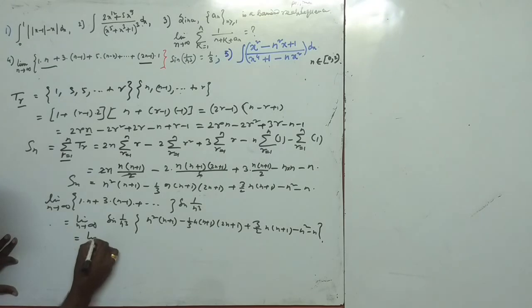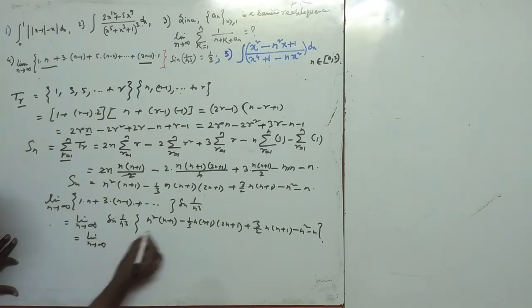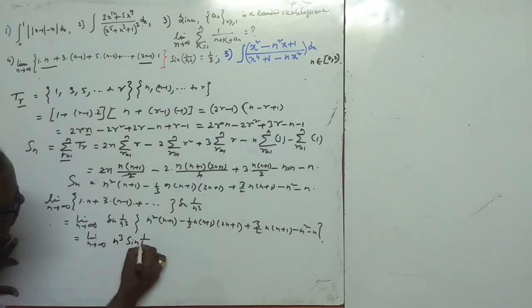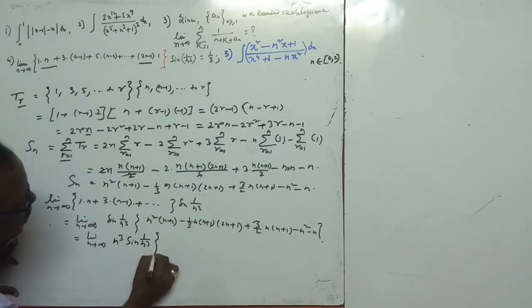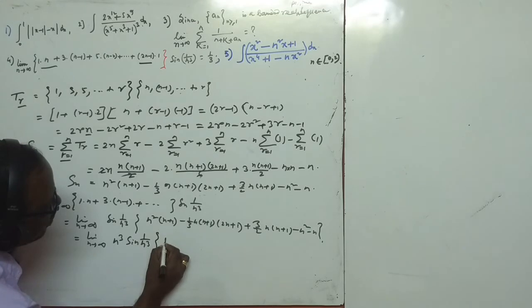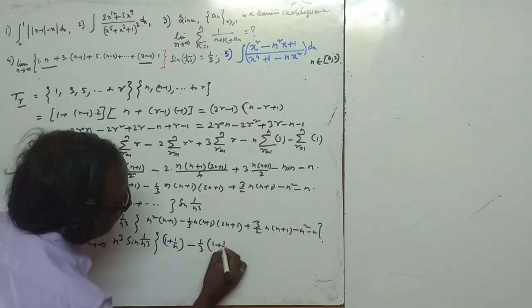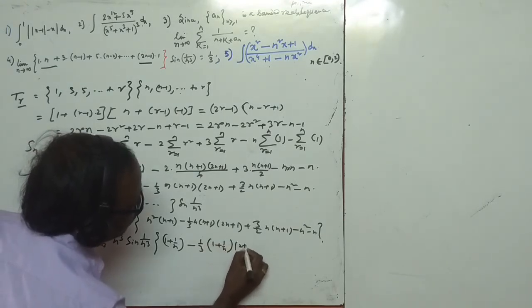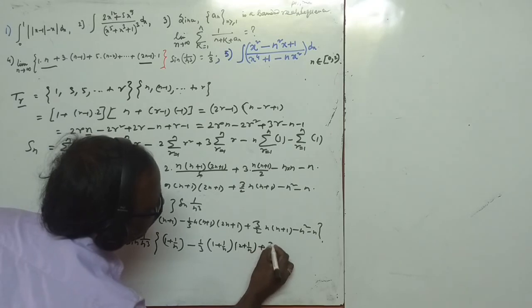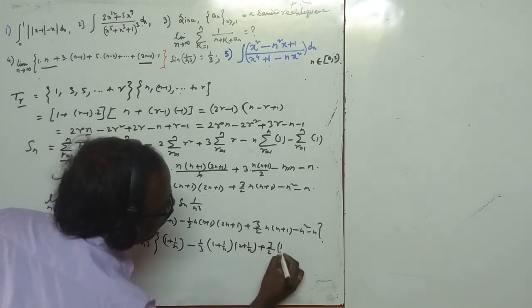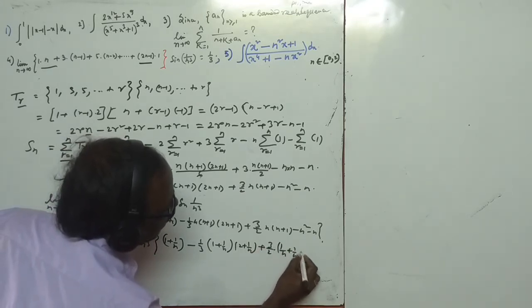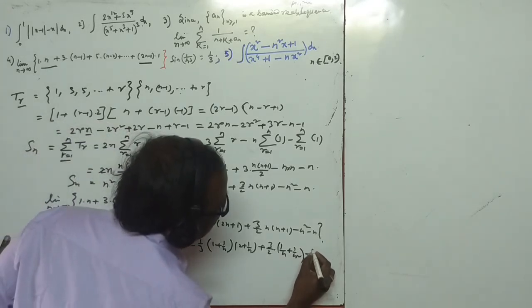We take n cube common and divide by n cube: 1/3 times 1 plus 1 by n, times 2 plus 1 by n, then 3 by 2 times 1 by n plus 1 by n square, and 1 by n and 1 by n square.